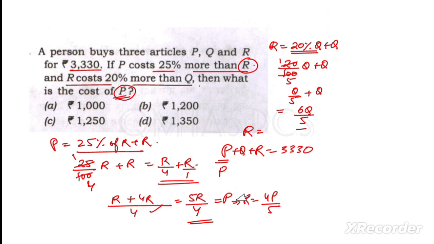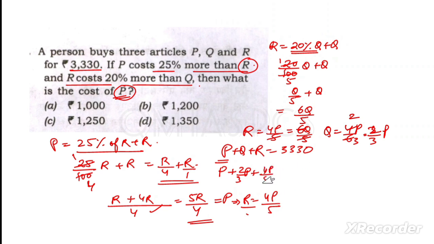So 4p by 5 is equal to 6q by 5. Here 5 will be cancelled out. So we write q in terms of p. q is equal to 4 by 6p, that is 2 by 3p. So q is 2 by 3p plus r, which is 4p by 5, and the total is equal to 3330.